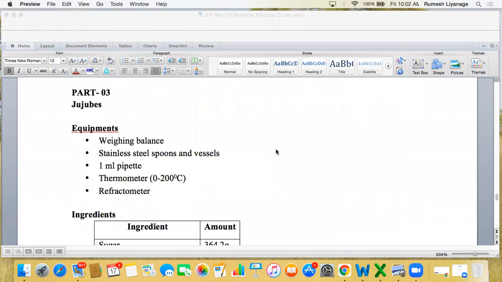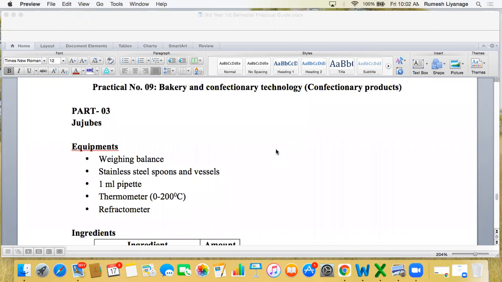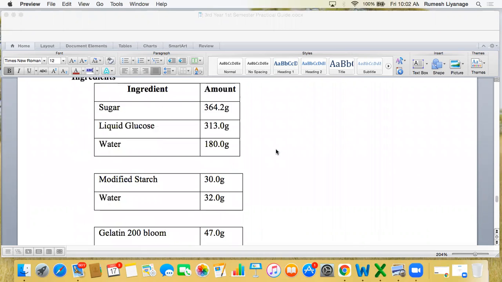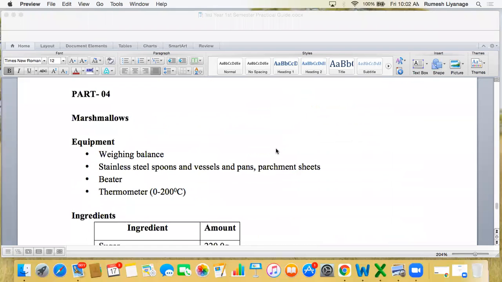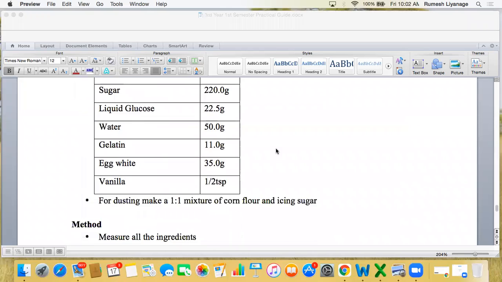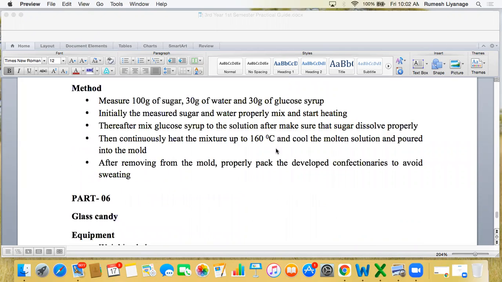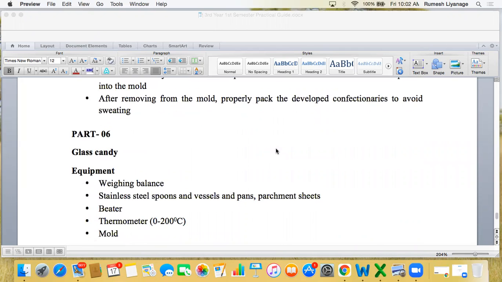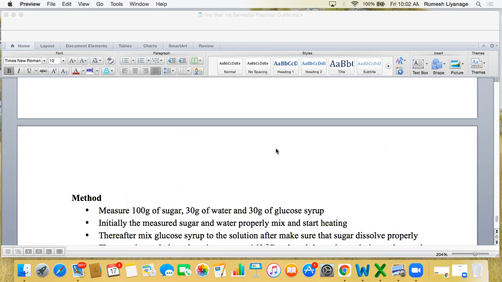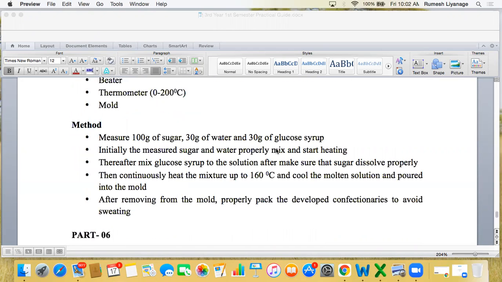And also we are going to develop some popular food products such as jujubes and marshmallows, right? And hard-boiled candies and glass candies. We are going to develop this type of food product in this practical also.